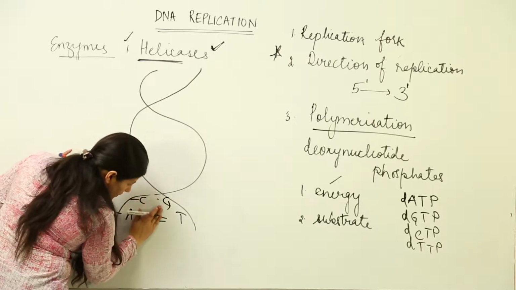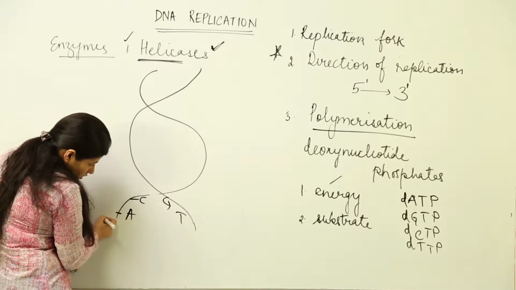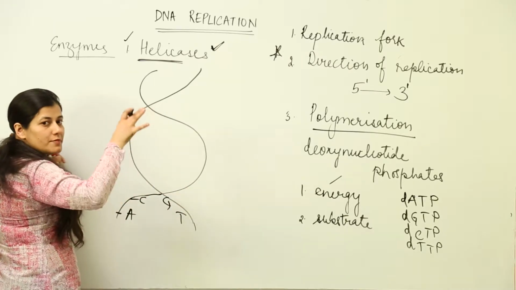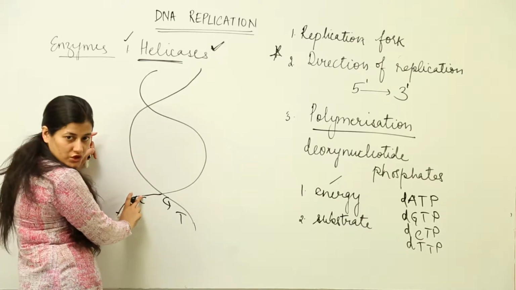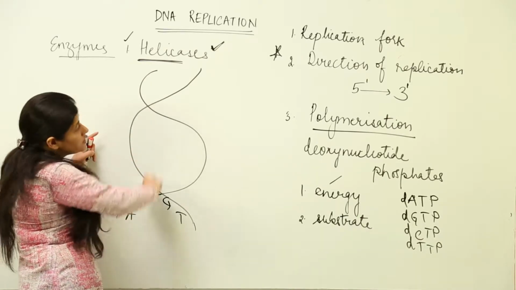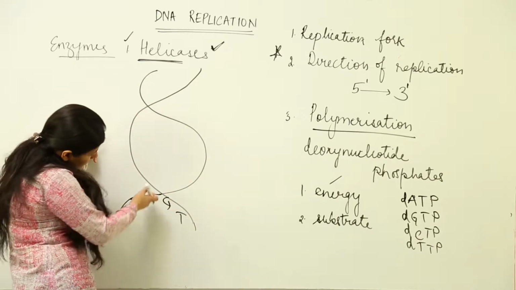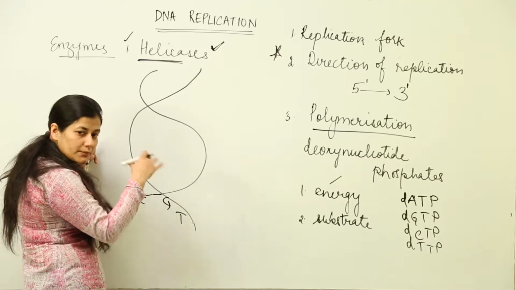So, these bonds would be broken down with the help of helicases, and those single strands which are now exposed, they are not bound to anything, they would be taken care of by special single-strand binding proteins.